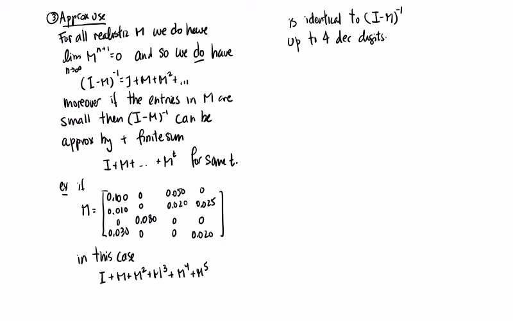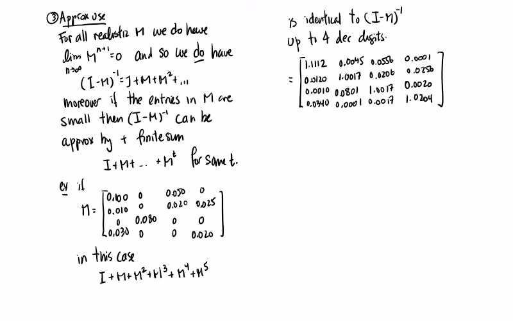In other words, they're both approximately, I'm going to write equals. So it's approximately this. You can pause and fill this in. So this is approximately this, and this is also approximately I minus M inverse.